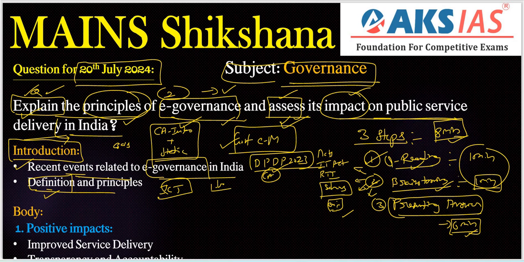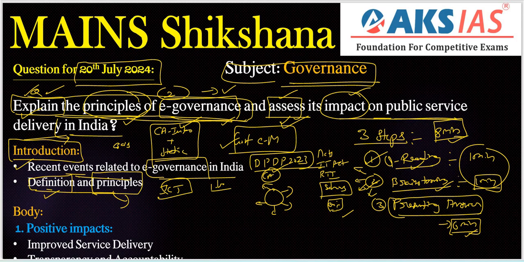We also need to write some principles here. What are the principles of e-governance? We can draw a flowchart including these principles of e-governance. But here, the question says explain the principles.